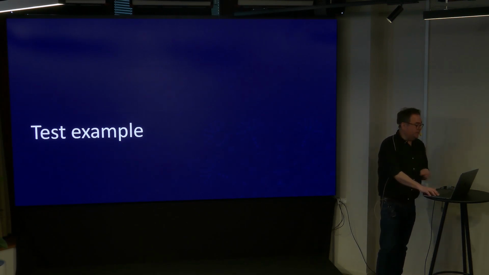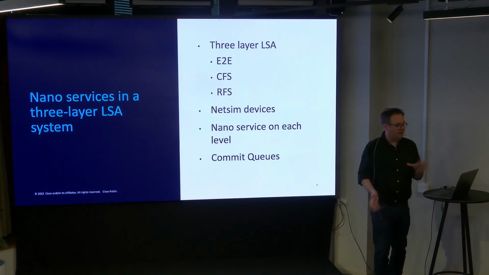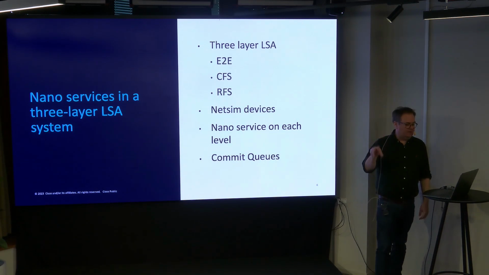The example I will go through now is a test where we test a 3-layer LSA system. We have a top node which is called the E2E node, and then we have a CFS node and an RFS node.